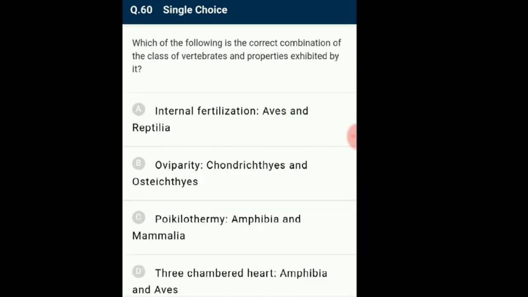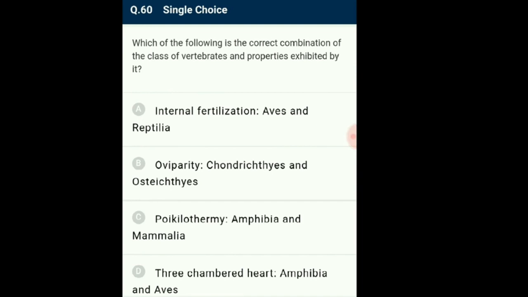Question number 60. Which of the following is the correct combination of the class of vertebrates and properties exhibited by it? Most of the members of class Chondrichthyes, also called cartilaginous fishes, are viviparous, while those belonging to the class Osteichthyes, bony fishes, are oviparous. Amphibians cannot maintain a constant internal temperature, which is called poikilothermic, while mammals can maintain constant internal temperature, which is called homeothermic.